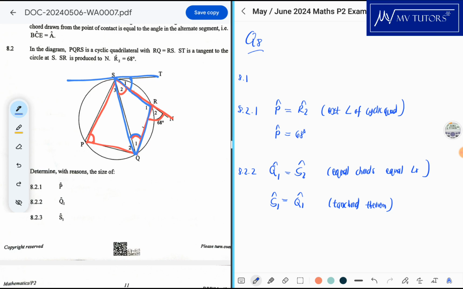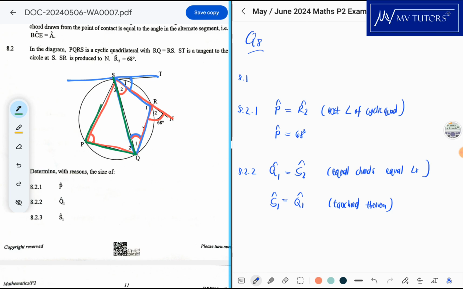I know that, let me see. So S1... Oh, okay, I see. I have another triangle.